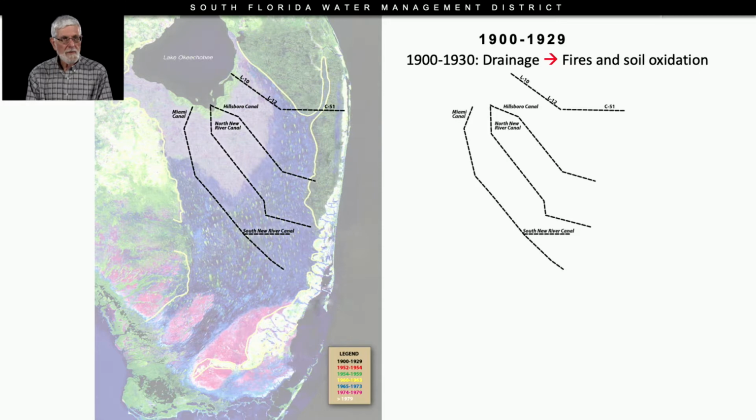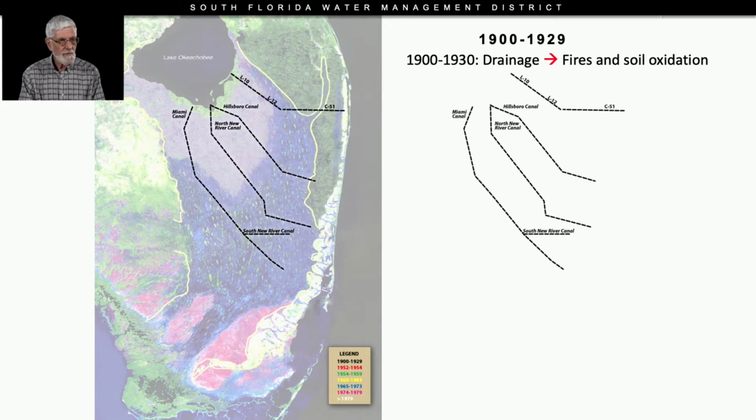The drainage period had four major canals: the North New River, the Hillsborough, the Miami, and the West Palm Beach canal, which is shown here on this image as the C51. These four canals going from Lake Okeechobee through the Everglades and ending up near the coastal habitats are capable of draining 3 times the annual rainfall.